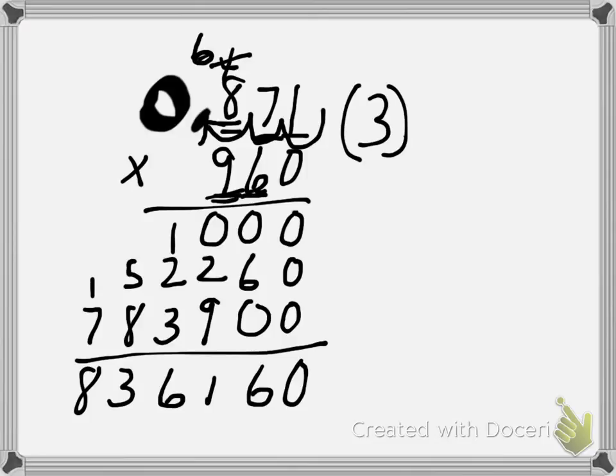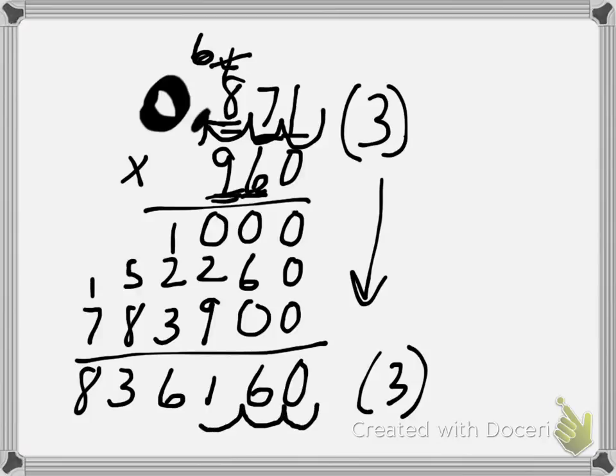And if we have 3 places there, we must also have 3 places in our answer, which would be 1, 2, 3. So that would mean our decimal point would go right there, 836 and 160 thousandths, and we can actually get rid of that trailing 0 and get 836 and 1600ths.